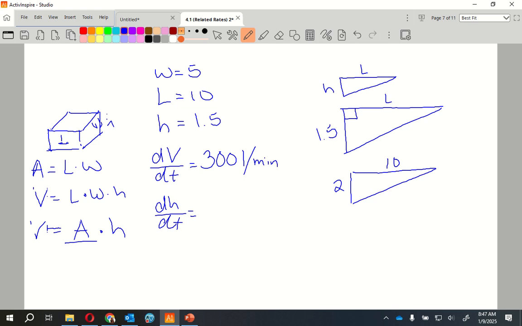So I have that ratio set up, and I do that for a reason, because when I go find the volume, my volume would be equal to the area times whatever this one's going to be.